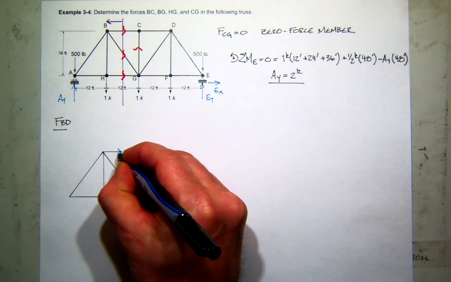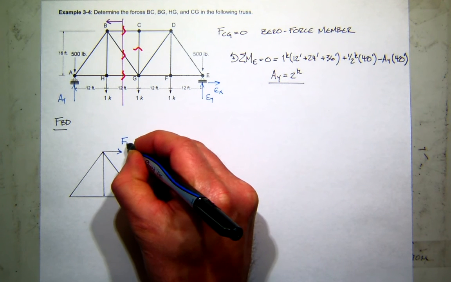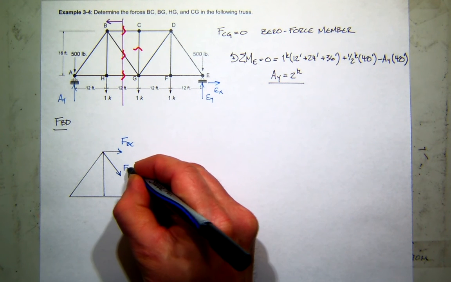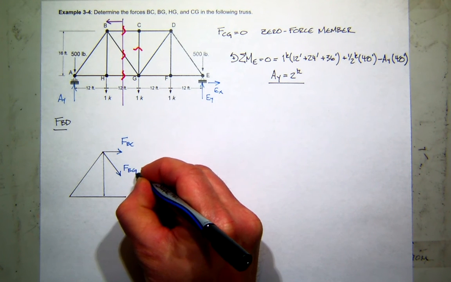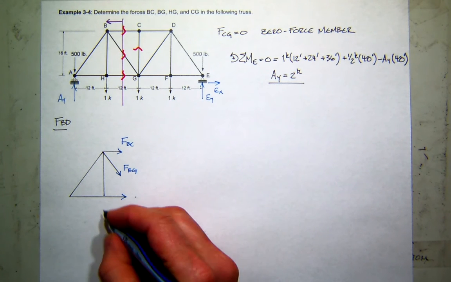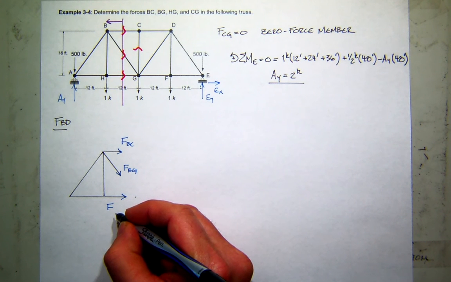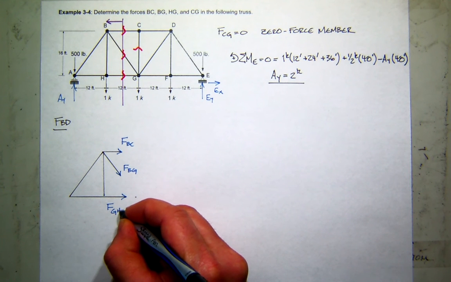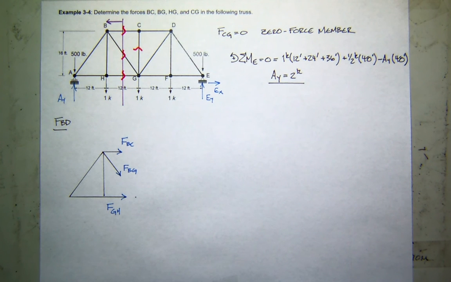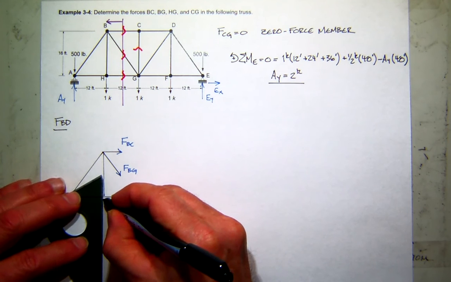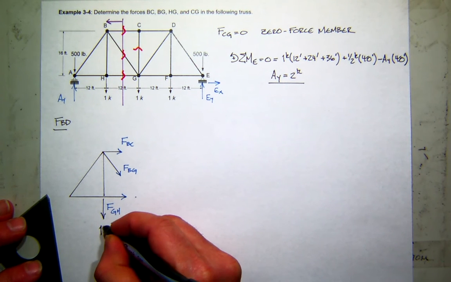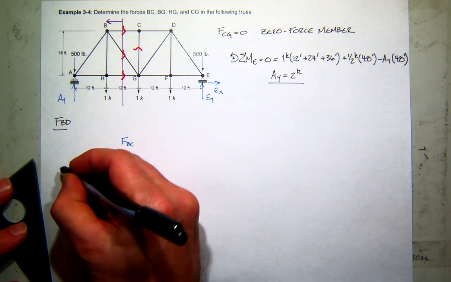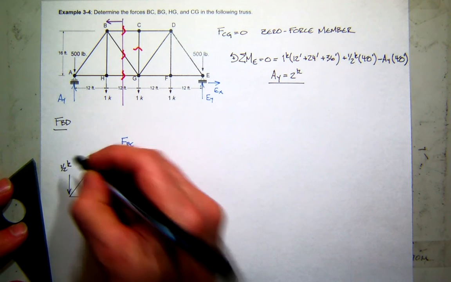So, this top one will be the force from B to C. This guy, the diagonal, is from B to G. This one on the bottom is from G to H. In addition to that, I've got an applied force acting down here of 1 kip. Applied force here of 1/2 kip.